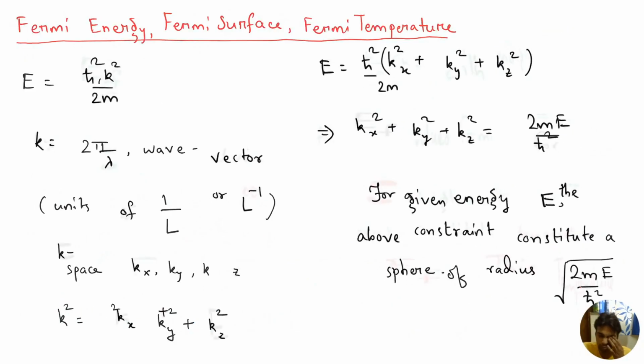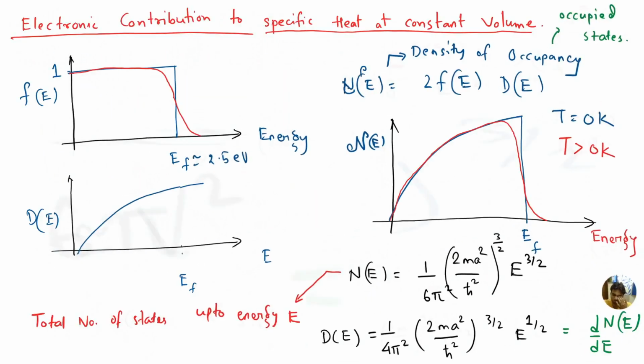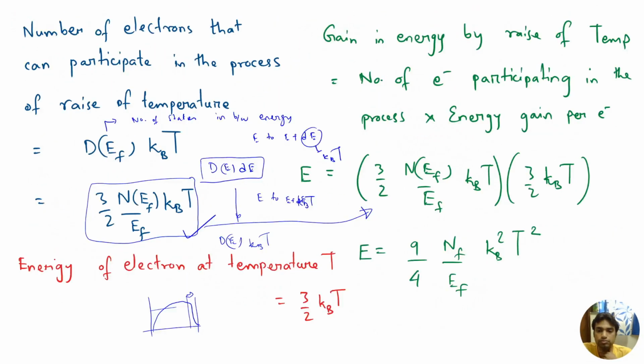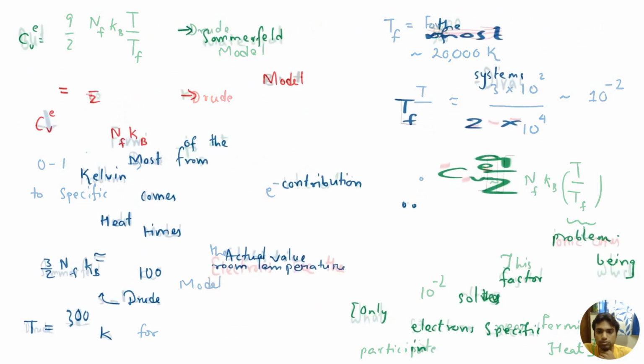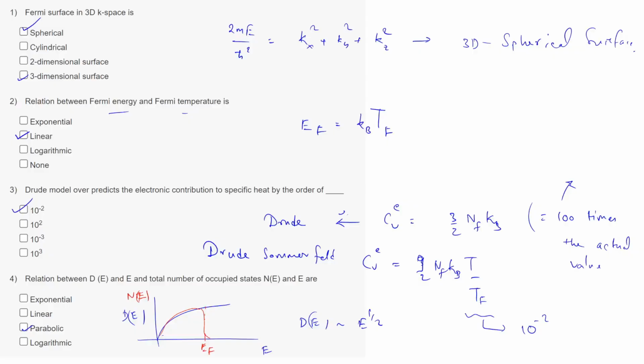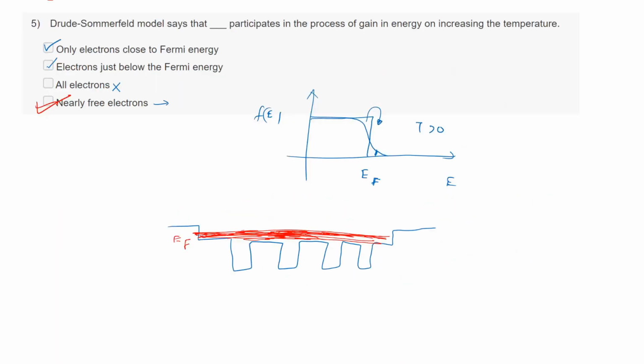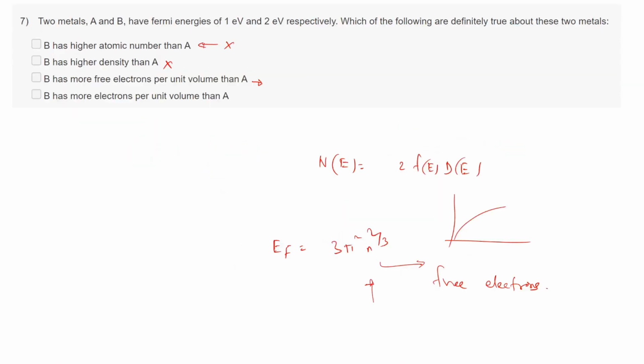So what we have here is, B has 2 electron volt as Fermi energy. So it has more free electrons in it.